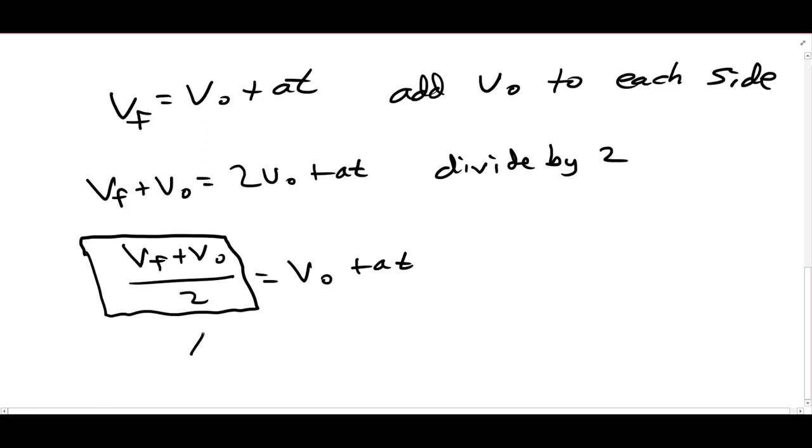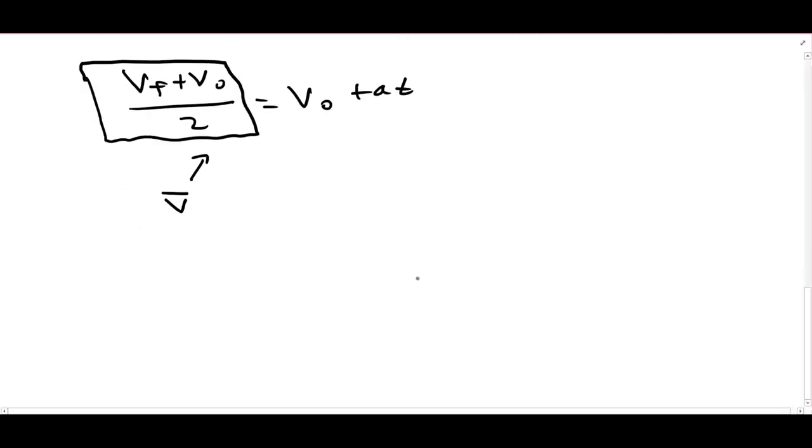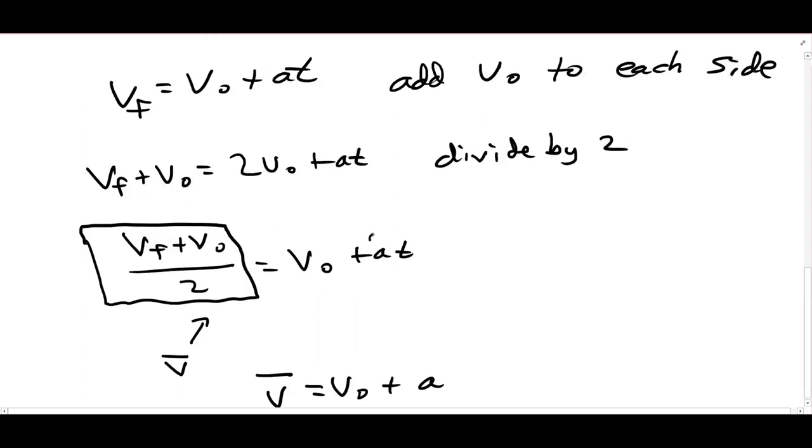This guy was just v bar. So then we get v bar equals v naught. Whoops, sorry. That should have been 1/2 up there when you divide by 2.